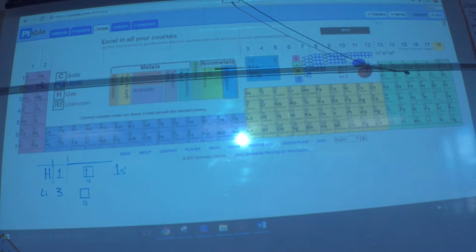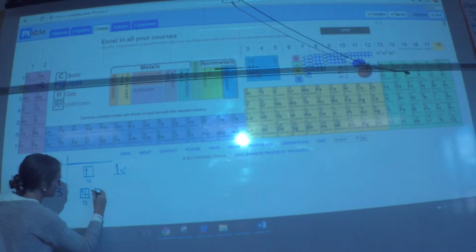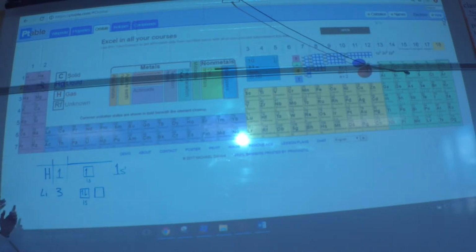Now, how many electrons can I put in that room? 2. So do 1 up, 1 down. Now, what's the next room according to the map? 2s. So draw a separate box, not connected because it's a different floor, different room. Label it as the 2s. And then now we just have 1 electron in there.